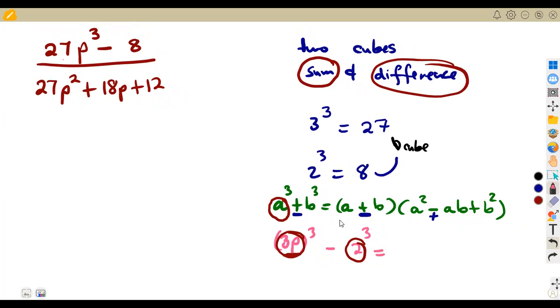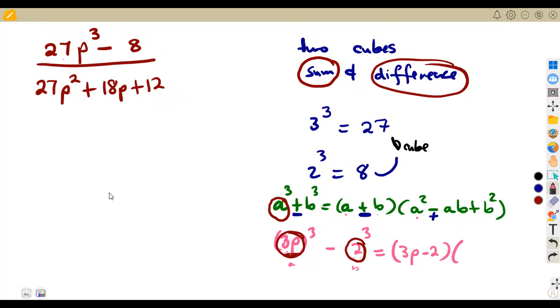This was going to give us A minus B, which I said this is your A, this is your B. So A minus B is just the difference of these, 3p minus 2, into A squared, which is this part of 3p, but being squared.